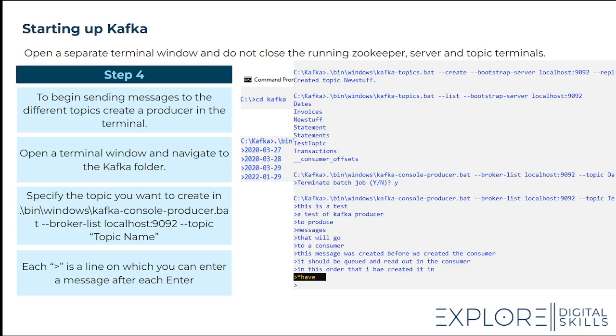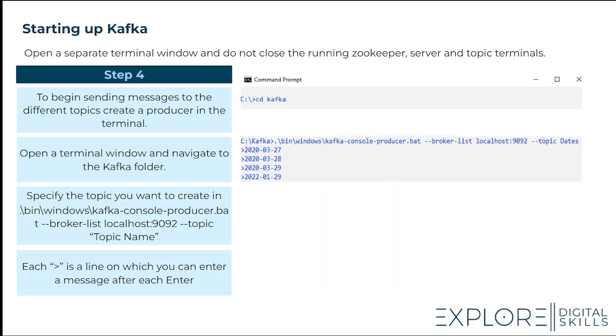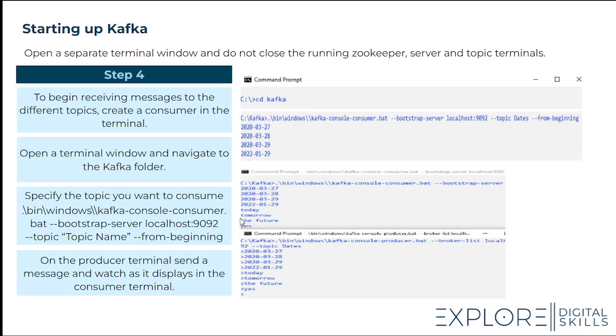So let's go back and actually figure out how to create a consumer. All right. So open up a separate terminal window, right? And we are keeping all of those other windows running. We haven't stopped any of those processes because they are vital to making sure that this does actually run. So we want to begin seeing these messages that we've created in the producer.